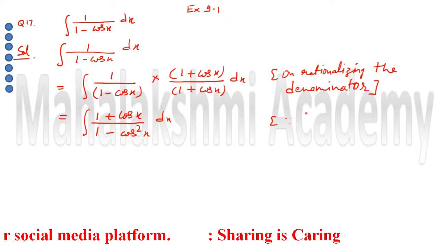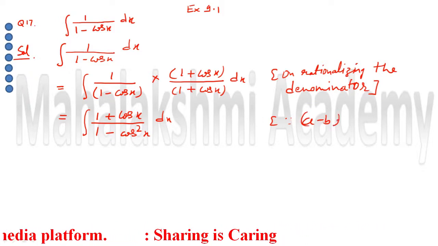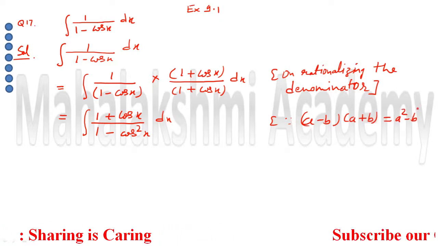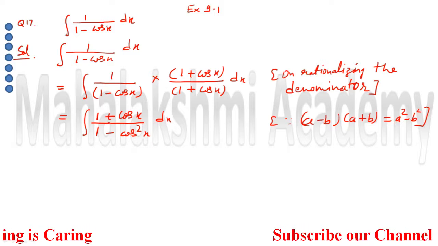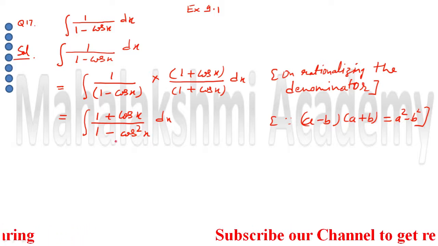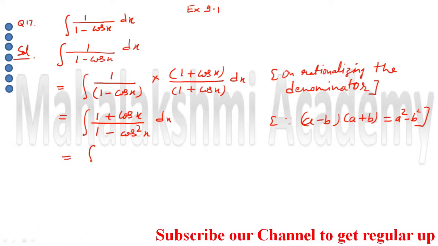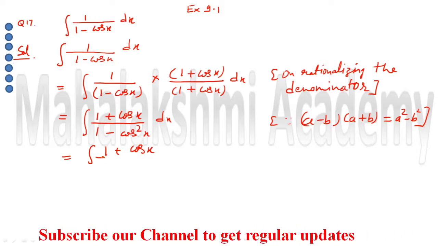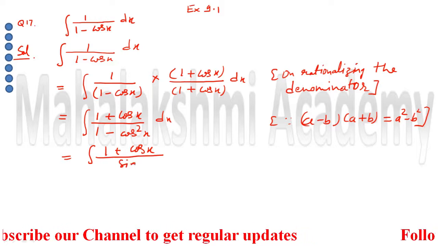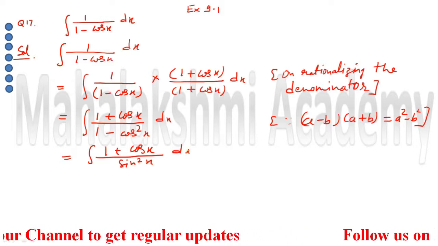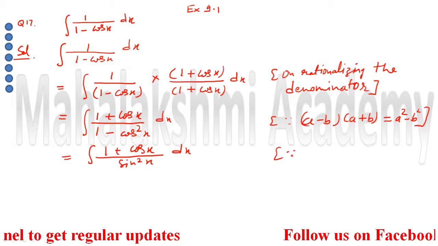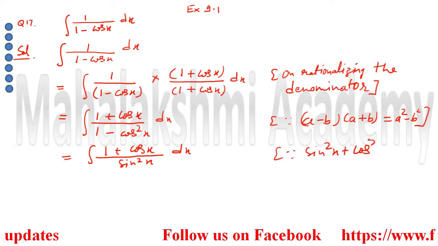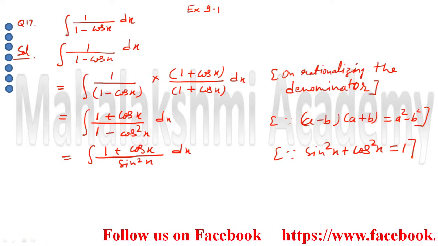I used a minus b and a plus b equals a square minus b square. Now 1 minus cos square x is sin square x, so we write here 1 plus cos x upon sin square x dx. Which identity did I use here? I used the identity sin square x plus cos square x is equal to 1.